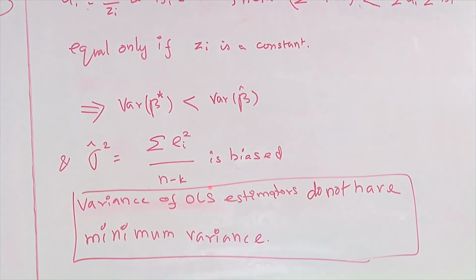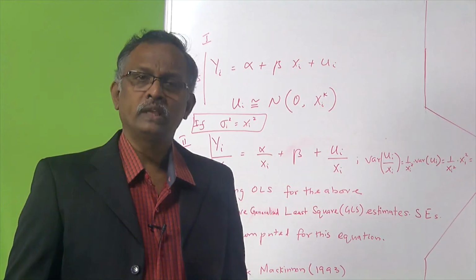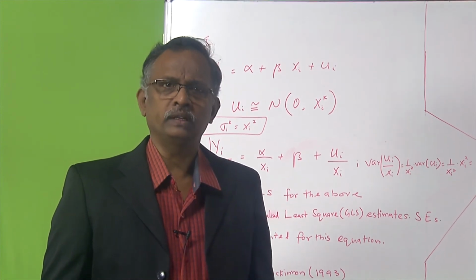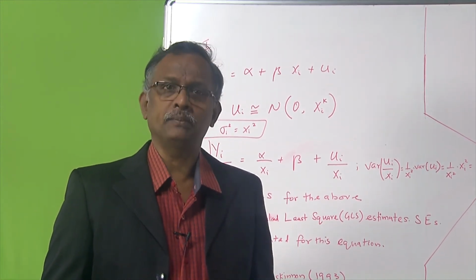So, you have a double problem. One, the application of the ordinary least squares formula for the variance has two problems. One, the OLS estimators do not have the minimum variance, and also the estimator for the stochastic error variance is biased. To explain this phenomenon, let us give one example.